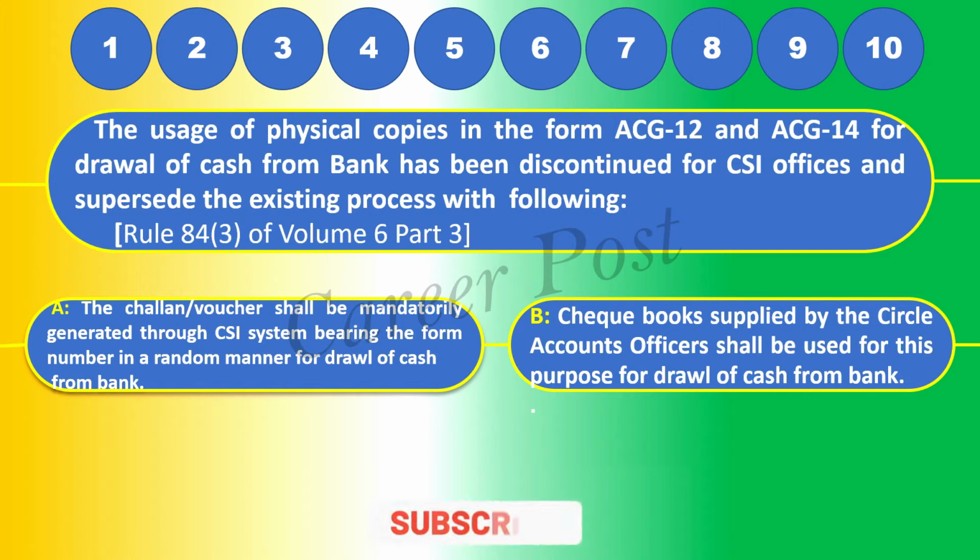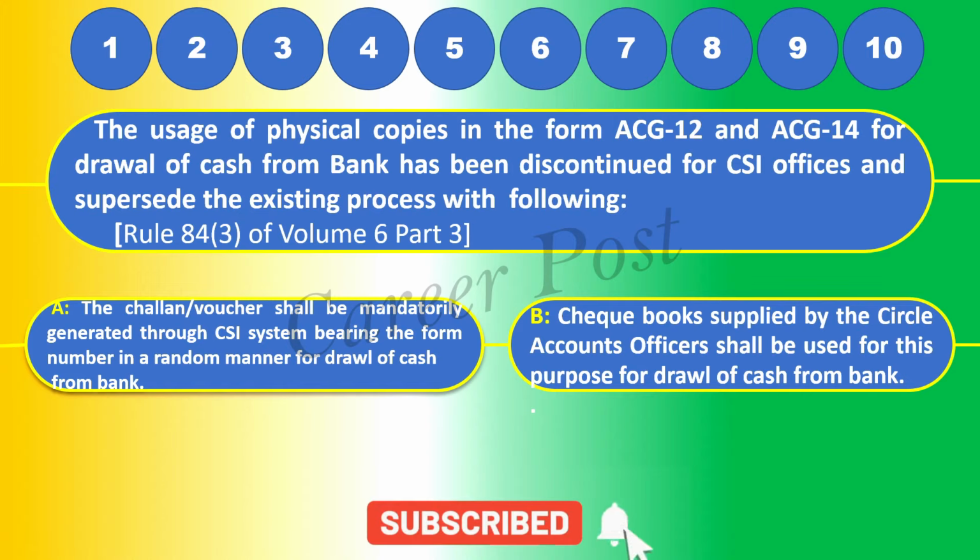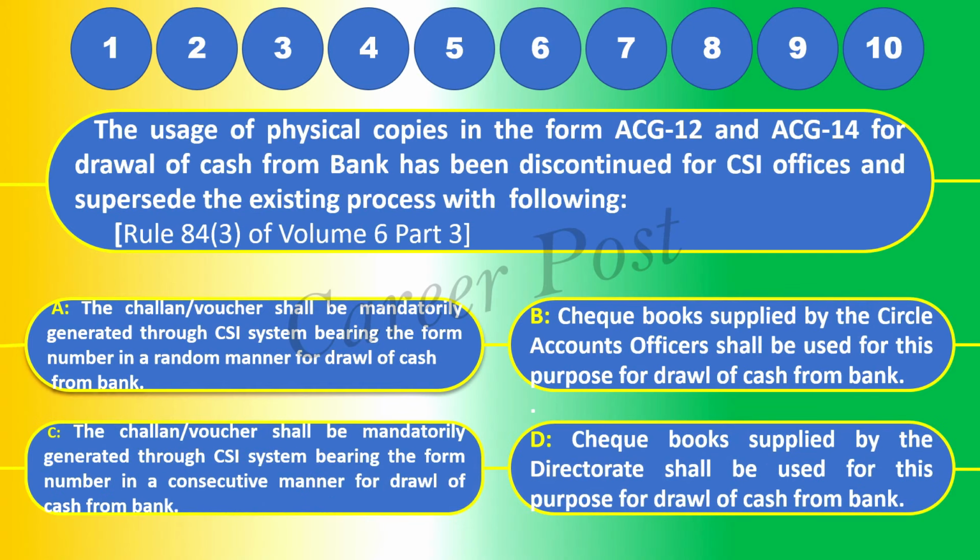B. Checkbooks supplied by the circle accounts officer should be used for this purpose for drawal of cash from bank. C. Challan or voucher should be mandatorily generated through CSI system bearing the form number in consecutive manner. Here it is random manner, here it is consecutive manner. Here circle accounts officer, here it is directorate. D. Checkbook supplied by the directorate should be used for the purpose of drawal of cash from the bank.